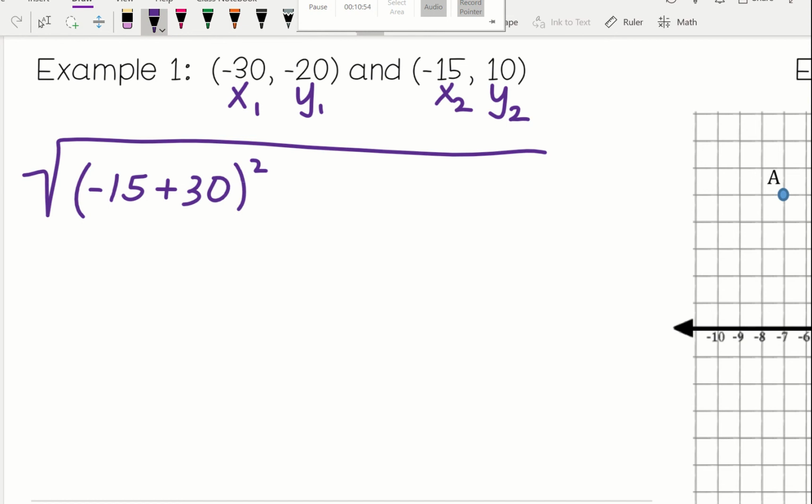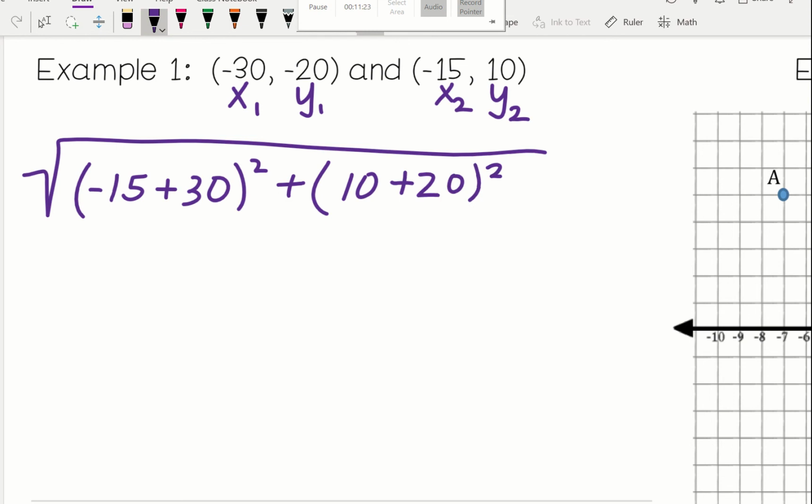If it's minus a negative, the negative goes away. Keep, change, or something like that. I don't know, it's one of those. Keep, change, flip is fractions, I think. And then what does my second set of parentheses look like? 10 plus 20, because it would be minus negative 20 squared.